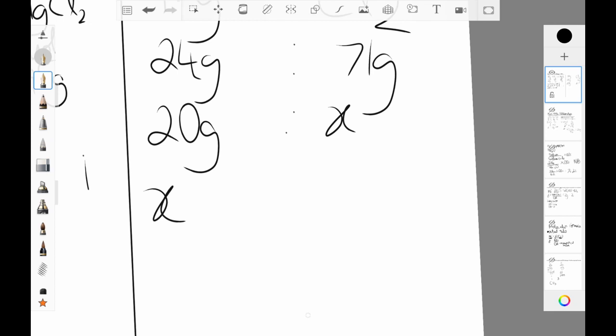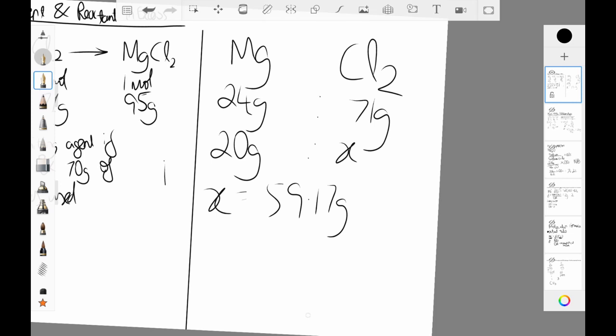Once you do all your calculations, you'll see that X is 59.17 grams. This means that 20 grams of magnesium will perfectly and completely react with 59.17 grams of chlorine to form whatever mass of magnesium chloride.